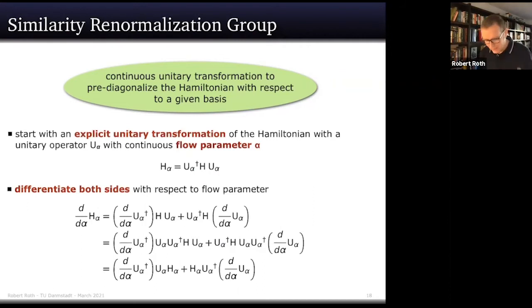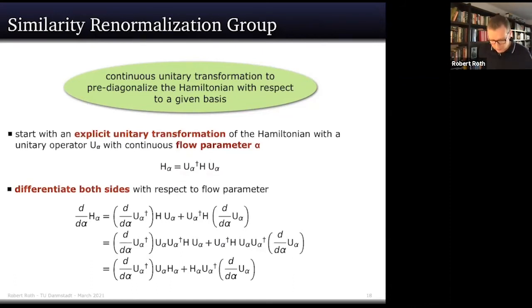You know that you can describe time evolution with a unitary operator, the time evolution operator, U of t, time. And if you don't want to do that explicitly, you go to Heisenberg's equation of motion, which is just taking the derivative of this relation with respect to the continuous parameter. And we do the same here.